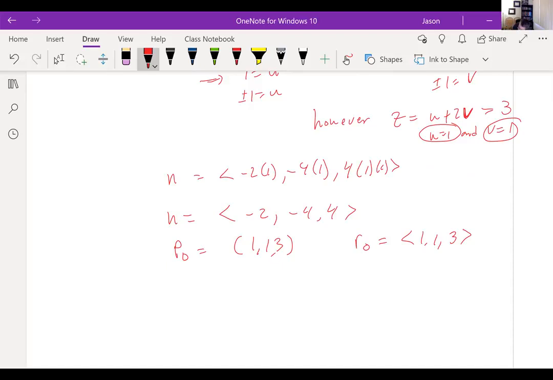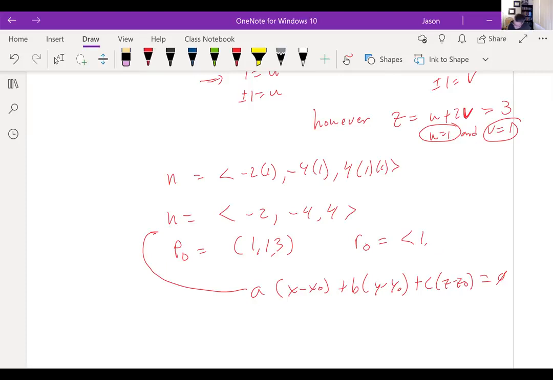We just say a times (x minus x naught) plus b times (y minus y naught) plus c times (z minus z naught) is equal to 0. And so the a refers to the normal vector, and x, y, z. Okay, so this is a, b, and c of my normal vector.